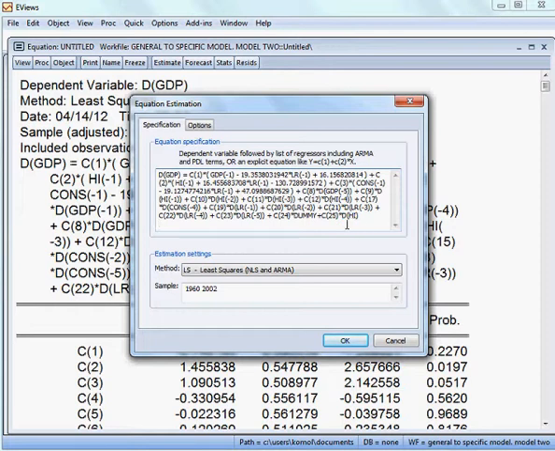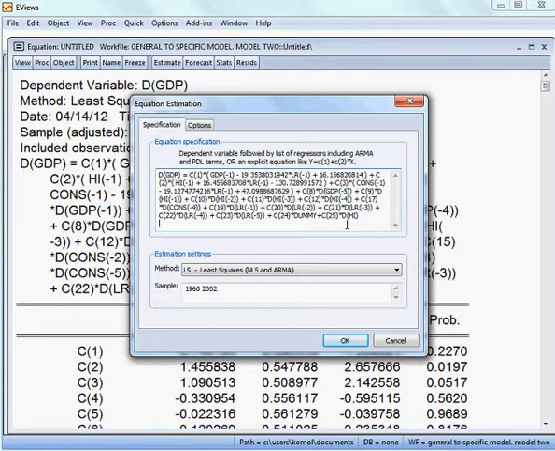Why? Because if I convert this variable into first difference, the variable becomes stationary. That is why here I put DHI, so that the variable becomes stationary.